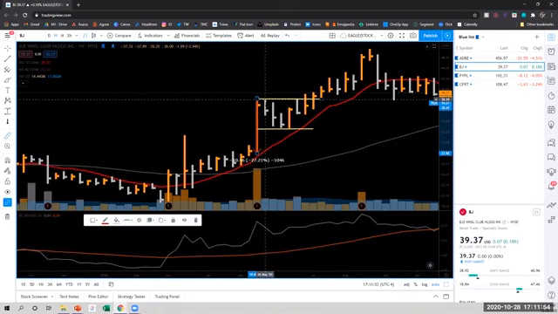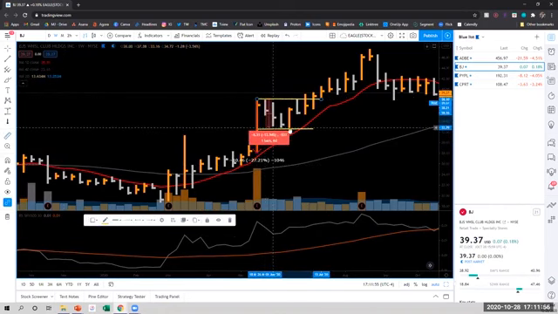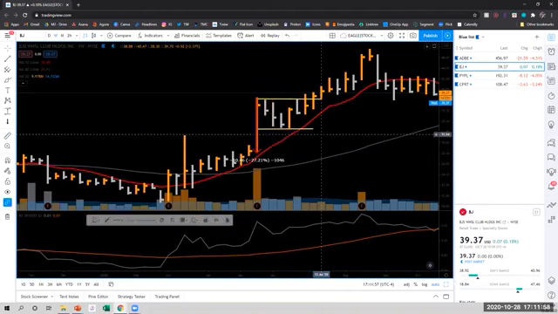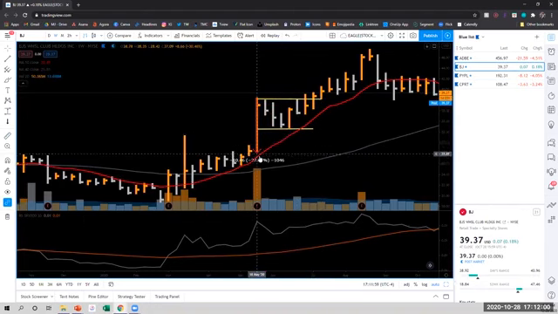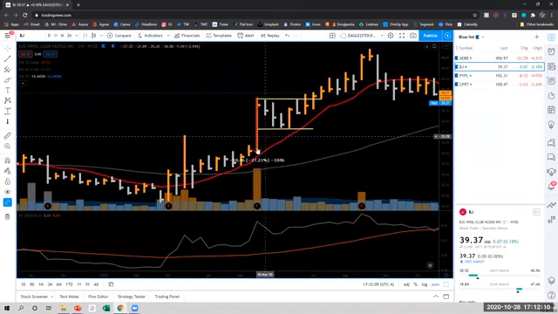The flag is about 14%, so about half, right? It doesn't have to be exact to the number, but it's pretty close. So does it have the right depth? Yes. So we would check off that box.